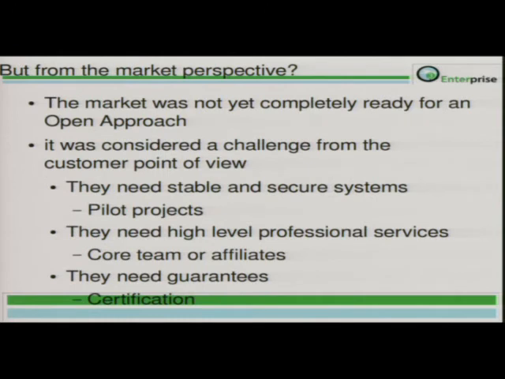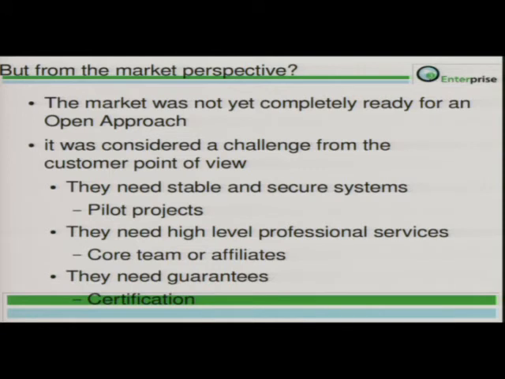But the market is not yet ready to accept these kinds of benefits, because when you talk about open source, usually they are not convinced about having an open source stack and open source systems inside the hospital, because obviously they need a stable and secure system, and the idea of open source is not so stable and secure.